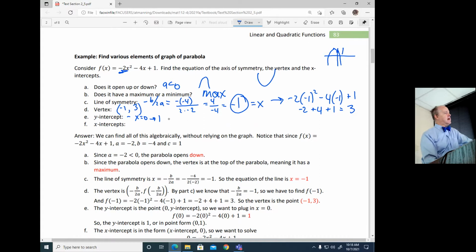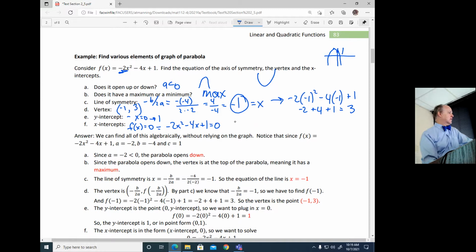X-intercepts, now I've got to use the quadratic formula. It's the easiest way, because x-intercepts means where f of x is equal to 0, or negative 2x squared minus 4x plus 1 equal to 0. Quadratic formula time.